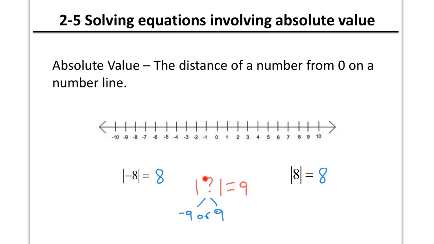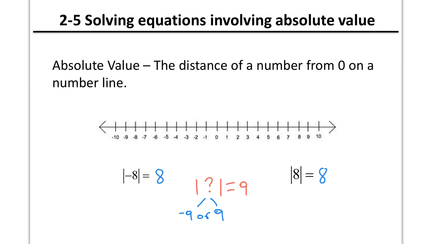So the number that goes inside of the absolute value can either be a -9 or a +9. So when we solve equations involving absolute values, or in other words, we are solving absolute value equations, we're going to have to make two different cases. One with the negative case and the second one with the positive case, so we can actually cover what can happen inside of the absolute value.